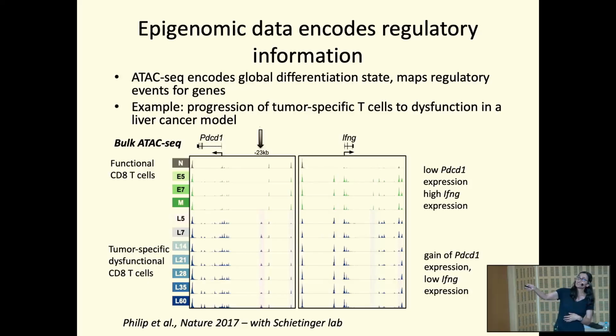So we are looking at mouse T cells, and the functional T cells, naive, effector, memory cells, are here. And this is a liver tumor model, and we're watching as the T cells get dysfunctional, and they have the right TCR to kill cancer cells, but they don't kill cancer cells. The mice all get liver cancer. Okay? And we're looking at the locus that encodes PD-1 in the mouse.